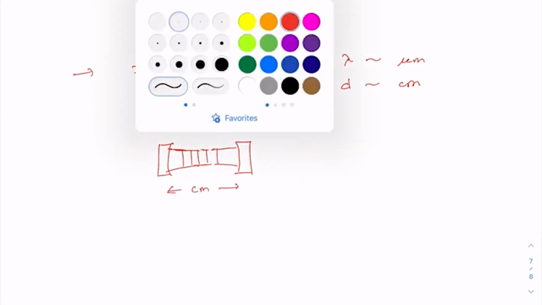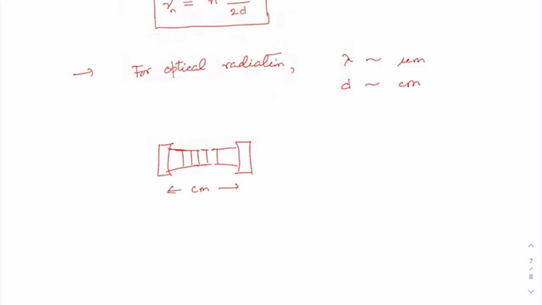What people do is throw or shoot neutral atoms into this field, from any direction, and study their interaction with this electromagnetic radiation. This is our electromagnetic radiation, and this is our neutral atom. It is thrown into this radiation, or sometimes atoms are kept inside this cavity, and then the interaction between the electromagnetic radiation and the atom is studied.